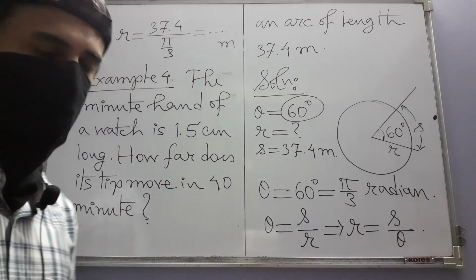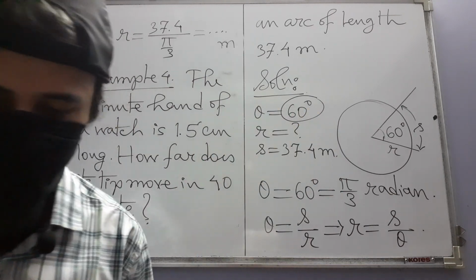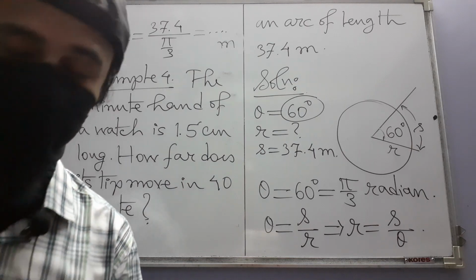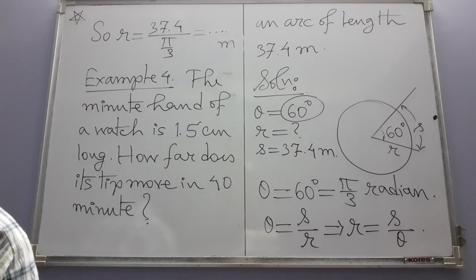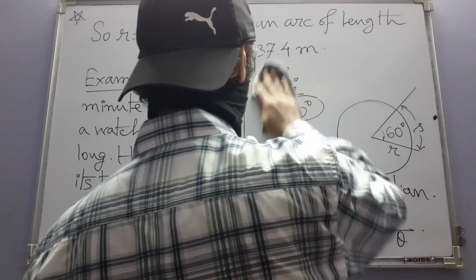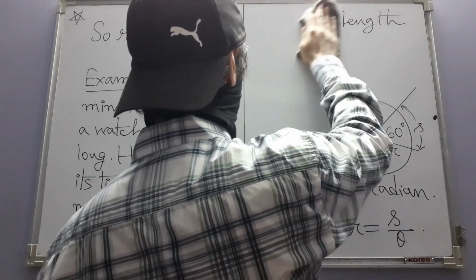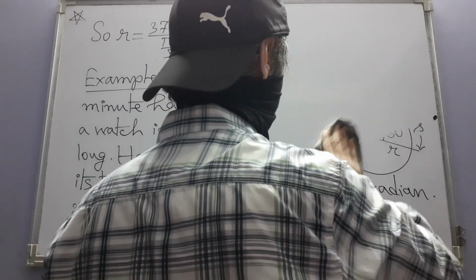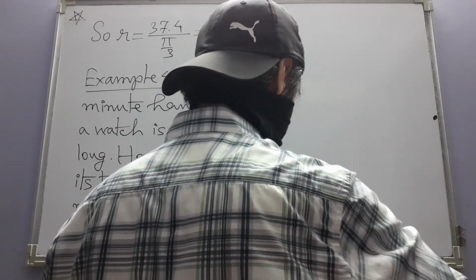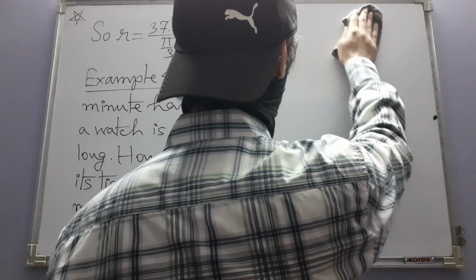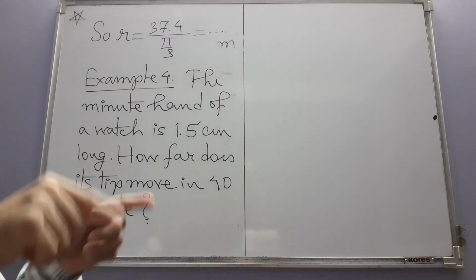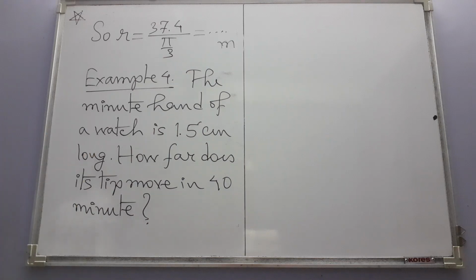So it's also a situation like that only, except here we have motion involved. It's nothing static. The minute hand is always rotating, it's moving. So the tip is moving along a circle, along the rim of the watch.